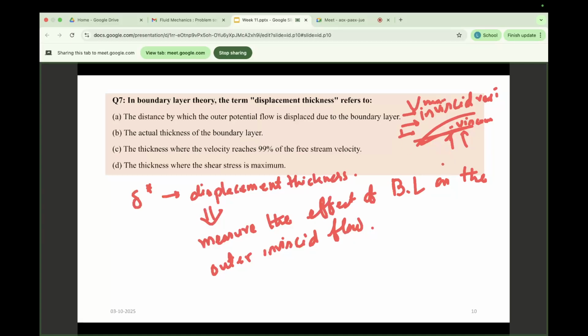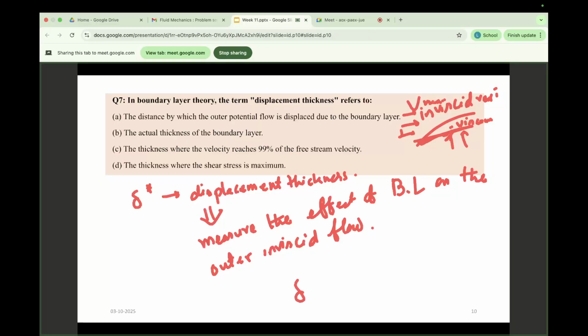This indicates that the outer flow behaves as if the walls are slightly displaced outward. The outer fluid will see this as a bulgy wall. Initially the wall is like that, but the fluid will see this boundary layer as a wall. It's a resistance layer, we can say.